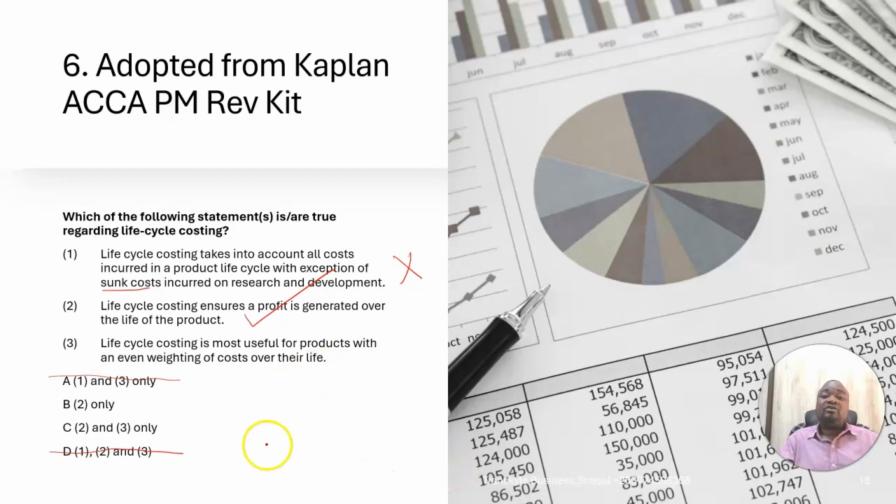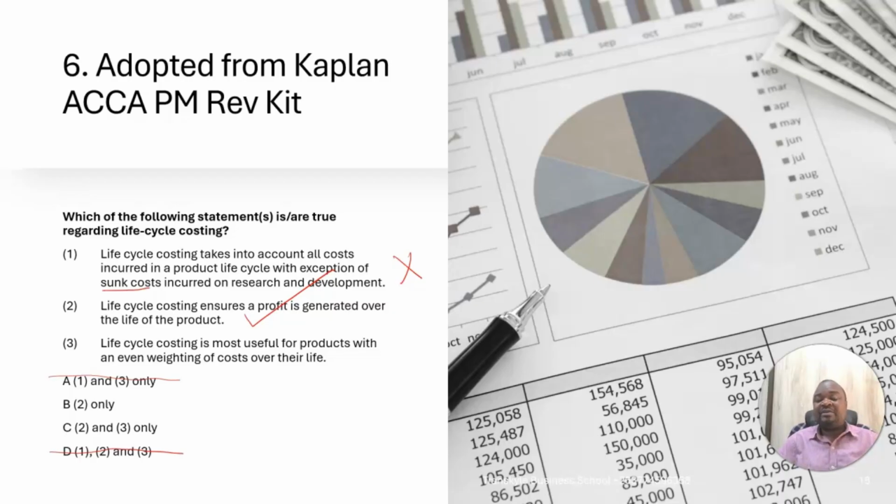No, the costs might not be even, but the idea is that those costs will be spread. Technically, they will be spread because remember, when we add up the costs incurred in year 1, year 2, year 3, and divide by the total number of units produced over those periods, we are spreading out the costs. So it doesn't necessarily mean that the costs themselves should maintain a certain level. No, that's not it.